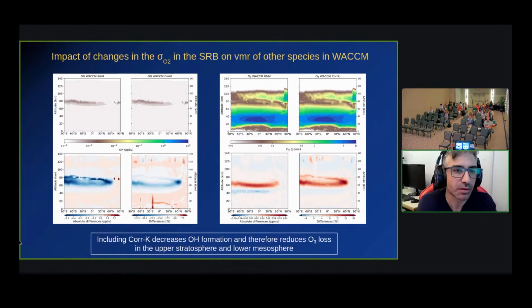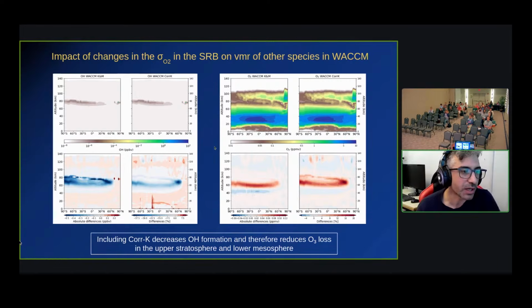The positive of implementing this new parametrization in WACCM is that we can observe not only the influence of the cross-section of the oxygen in the photolysis of other species, but we can also see differences in the concentration of other species, like we see in these figures.